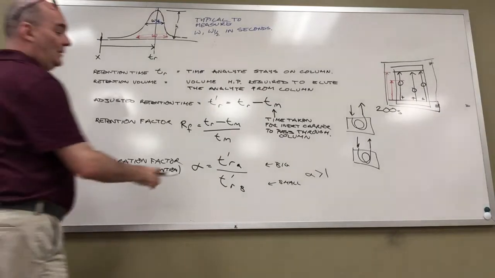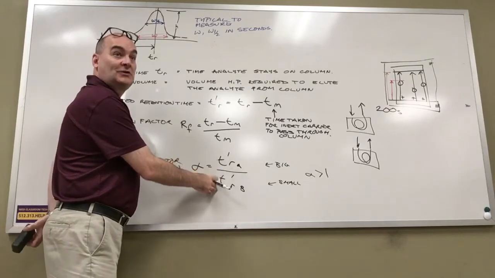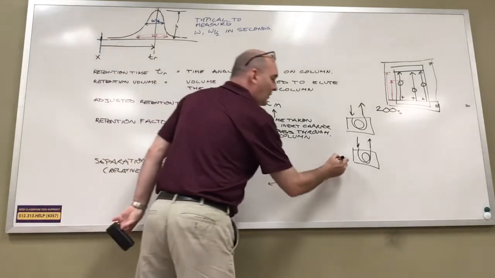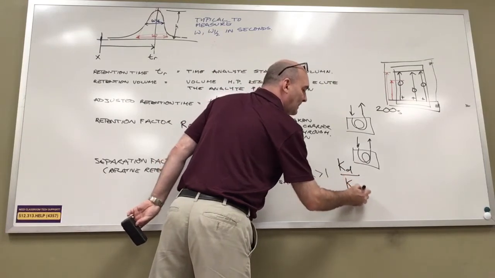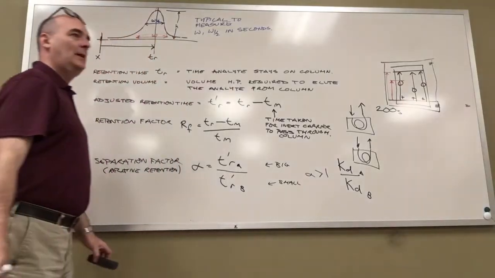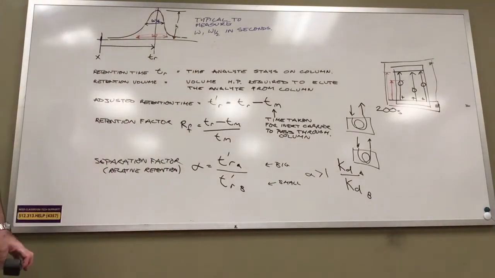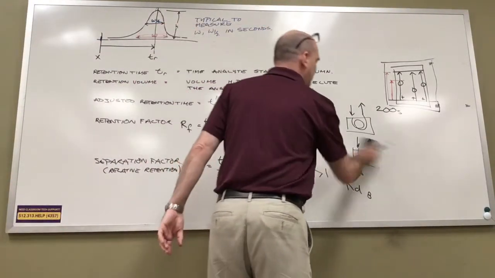It turns out that that ratio is also equal to the ratio of the KDs, the distribution coefficients. It works out to be just the same number. I don't think we're ever going to pull that in and use it, but it just cost me 5 seconds to say it, so it's worth saying.